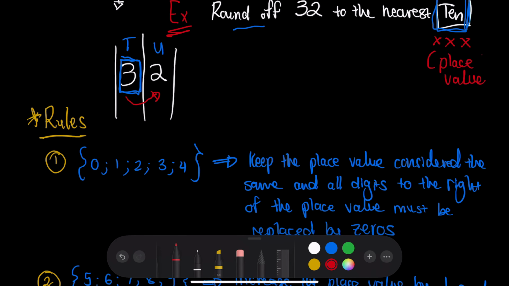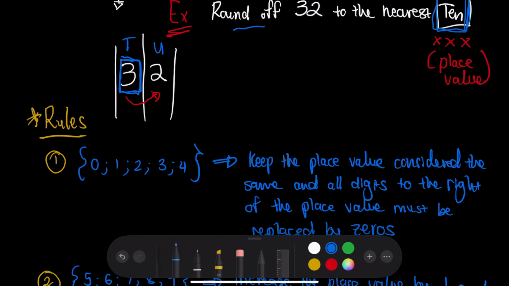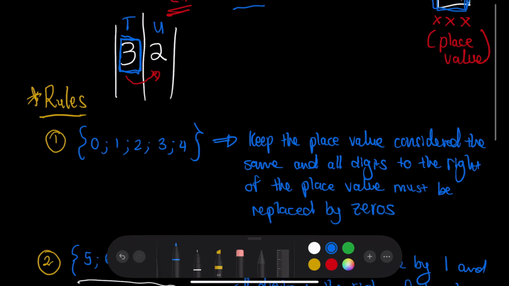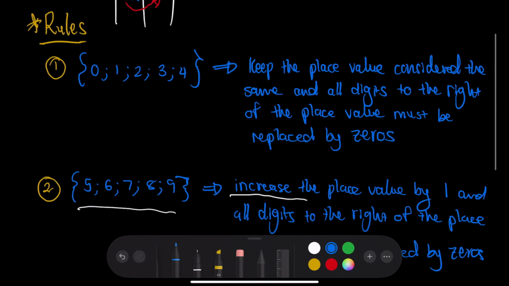Then you go and look, where's the place value that I'm considering? It's 3. Once I know my place value, if I want to round off, I must look to the right of my place value. Then I must ask myself, is this digit between the numbers 0, 1, 2, 3, 4, or is it between the numbers 5, 6, 7, 8, 9?